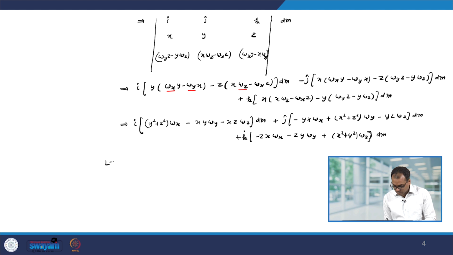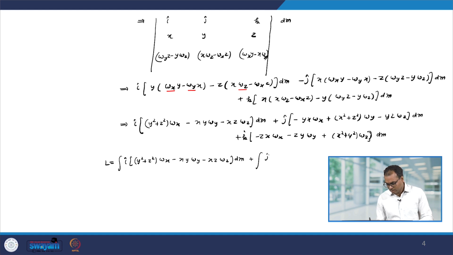So L will be the integral of i[(y² + z²)ω_x − xy ω_y − xz ω_z] dm plus the integral of j[−yx ω_x + (x² + z²)ω_y − yz ω_z] dm plus k times the integral of [−zx ω_x − zy ω_y + (x² + y²)ω_z] dm.